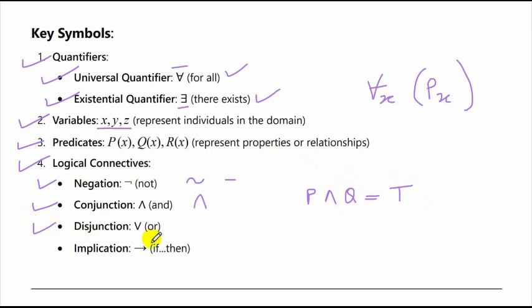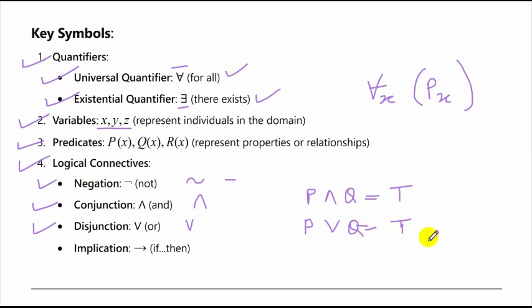For disjunction, we use the V character, which stands for or. It is not actually a V character, but just to indicate verbally. So this is the or symbol. We say P or Q, which means if any one of them is true, the conclusion will be true.